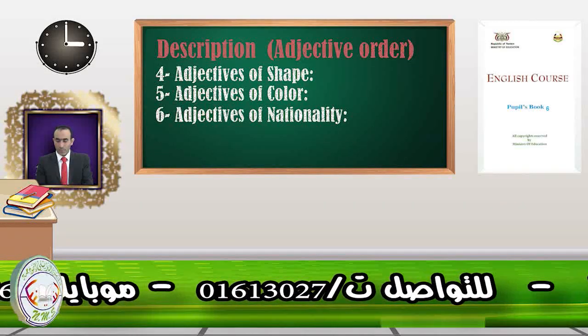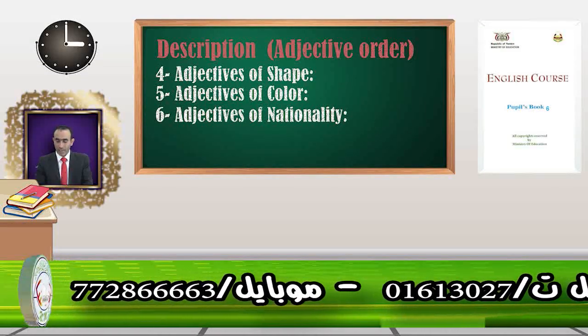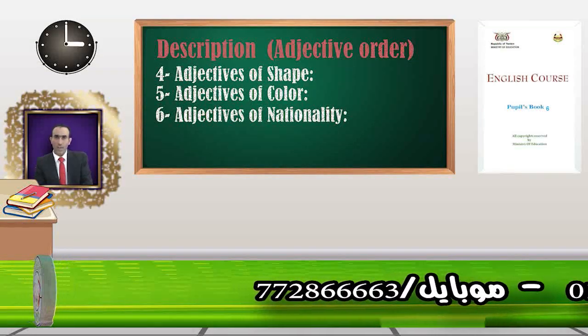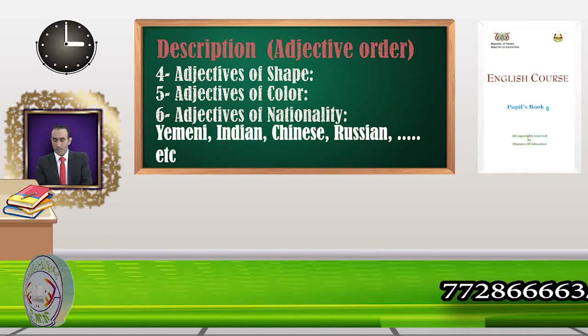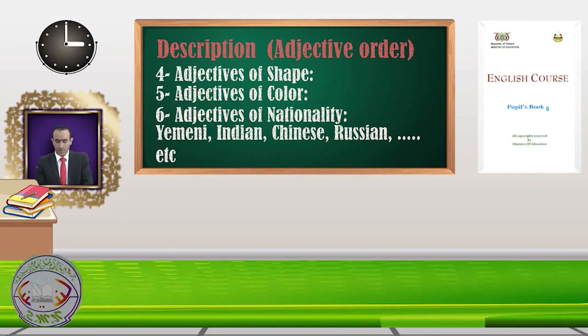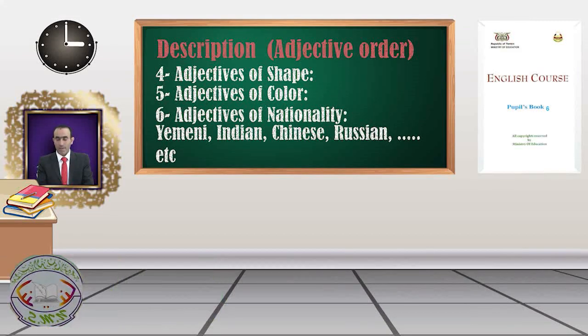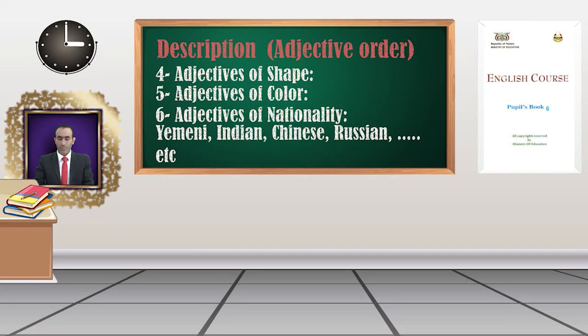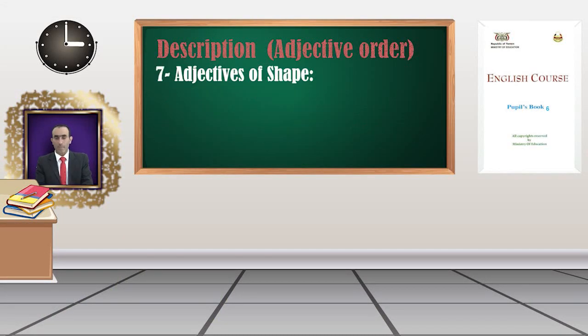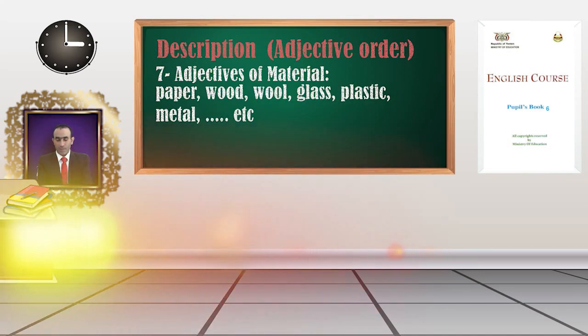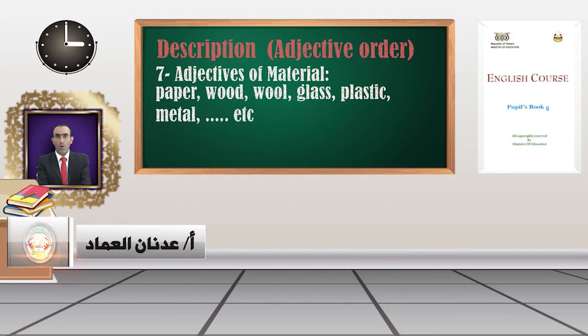They tell you the origin or country of the noun, like Yemeni, Indian, Chinese, Russian, and so on. Number 7, adjectives of material, made of, like paper, wood, wool, glass, plastic, metal, and so on.